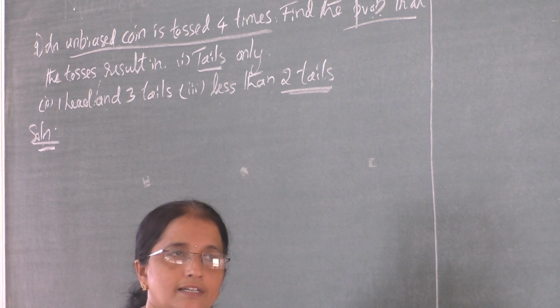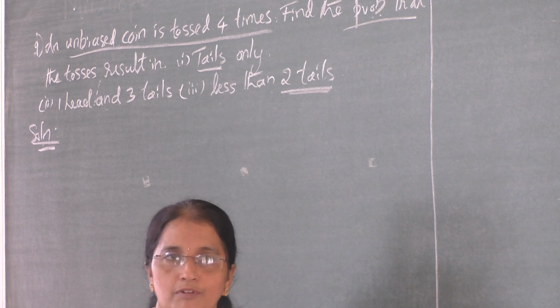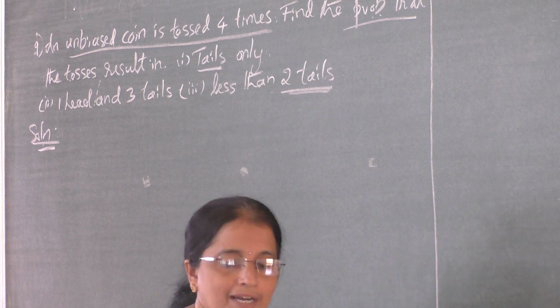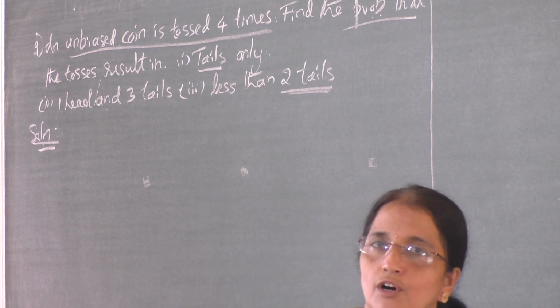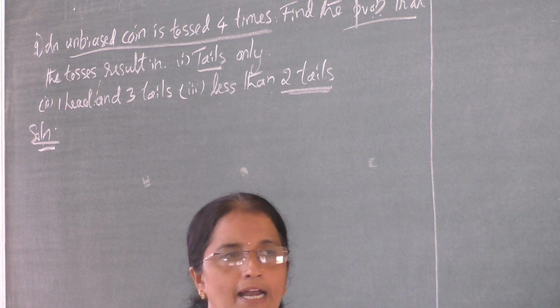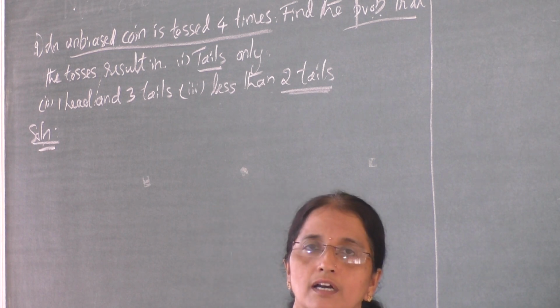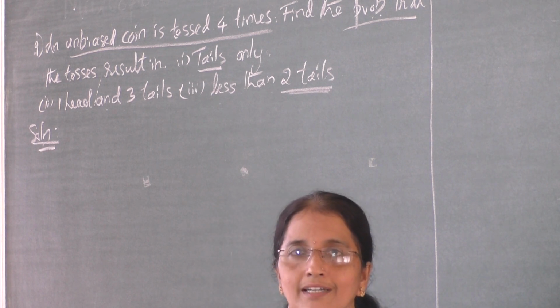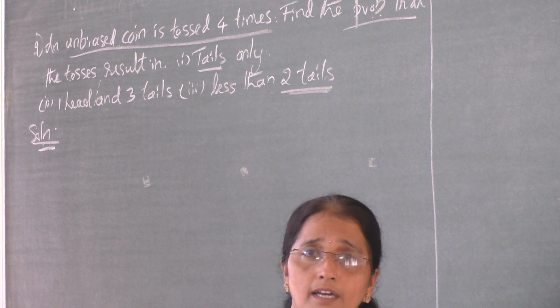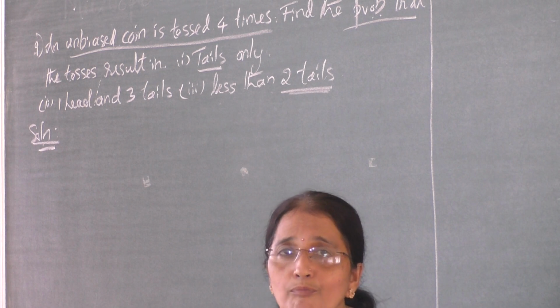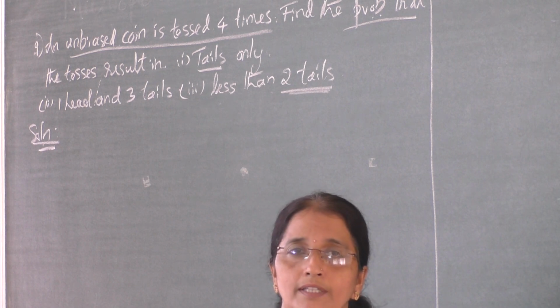For that I am going to give a small example. Imagine there is a class which consists of 100 students, and there is one piece of information: among 100 students 40 are girls. Then each and every person will be able to identify the number of boys. Immediately they are going to say there are 60 boys.